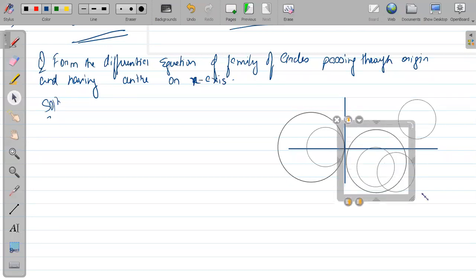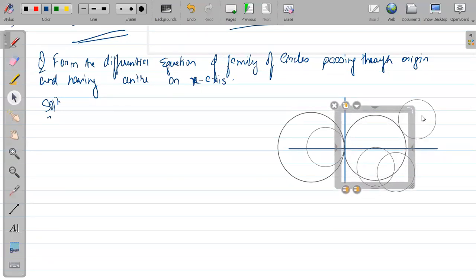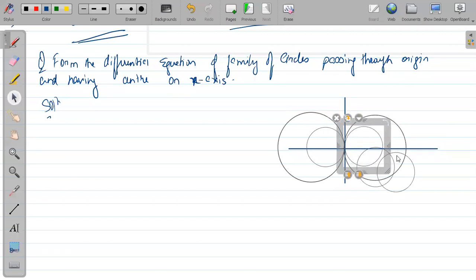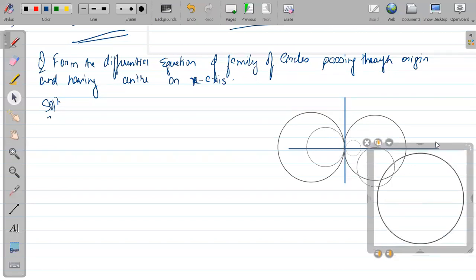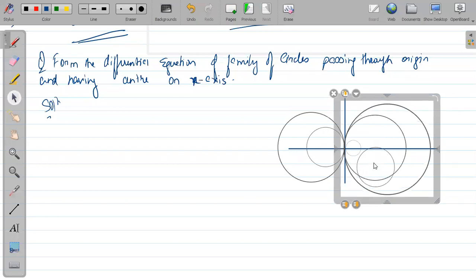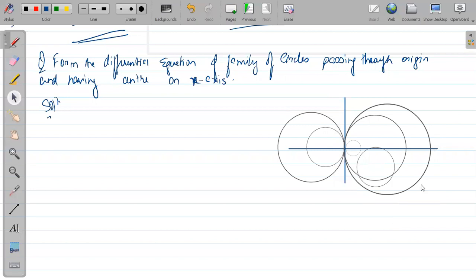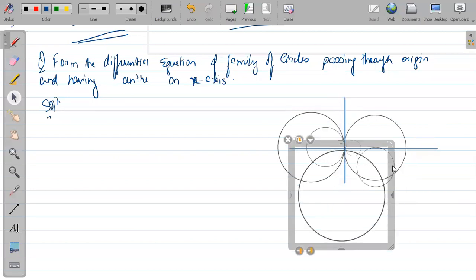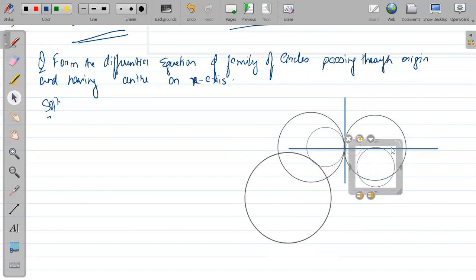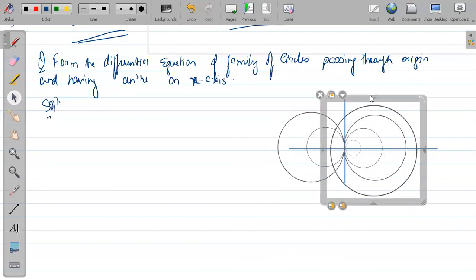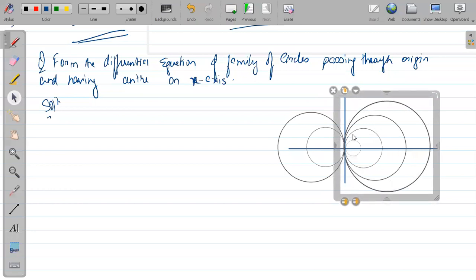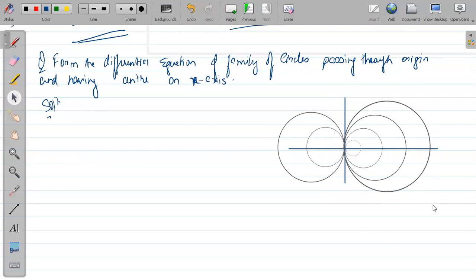Is it not like this? That is right. This can be the family of curves. So how to write this part?